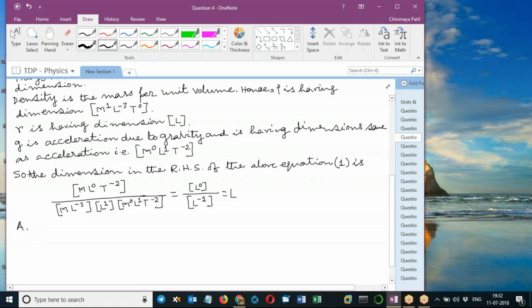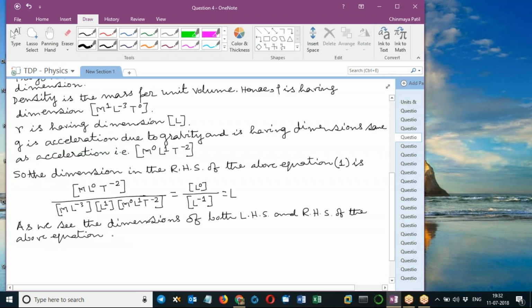As we see, the dimensions of both LHS and RHS of the above equation 1 are the same.